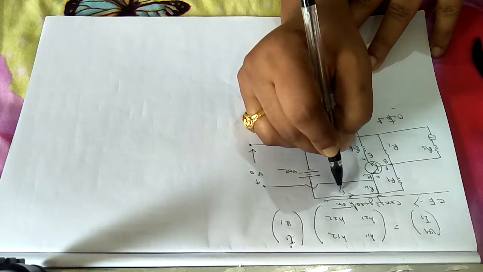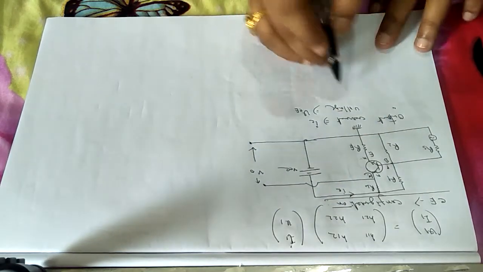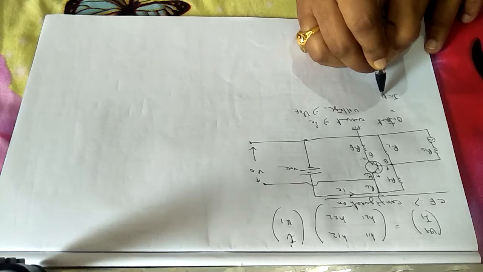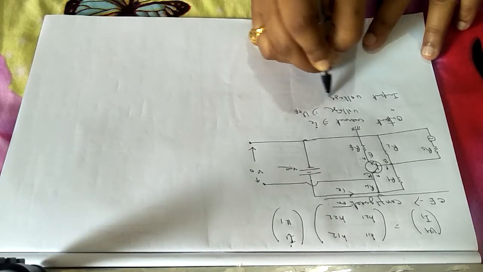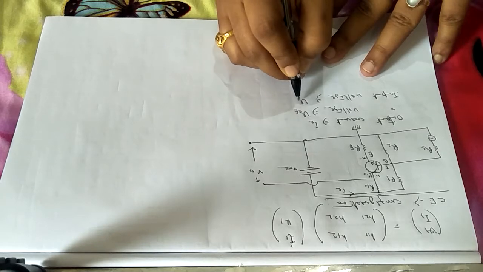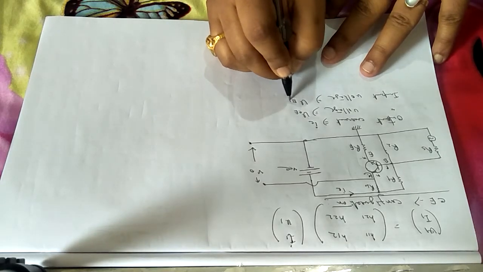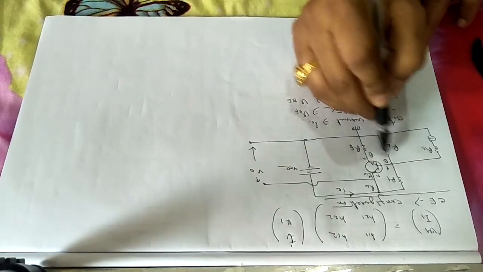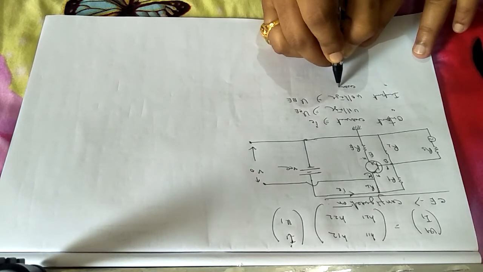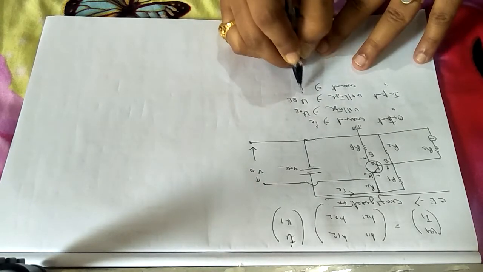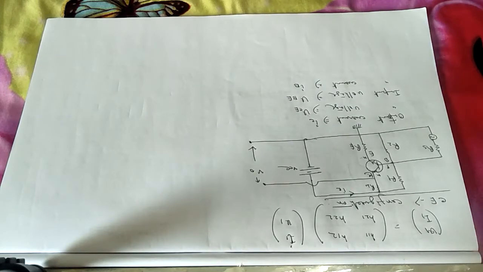The input voltage is VBE, between base and emitter, and the input current is IB, the base current.